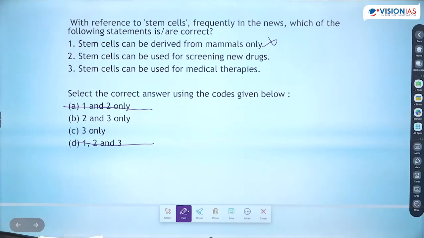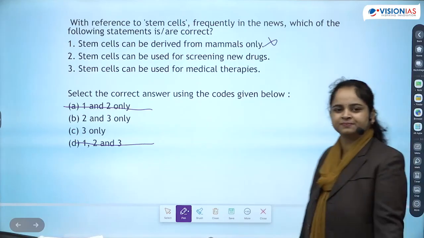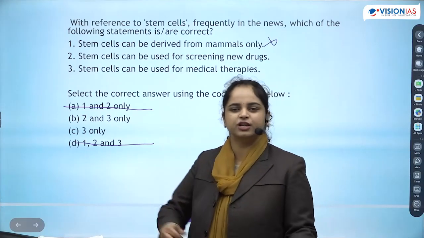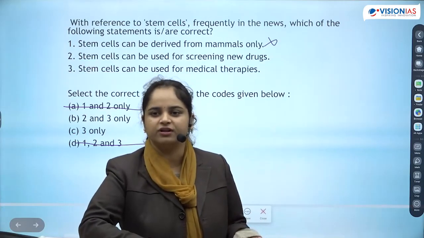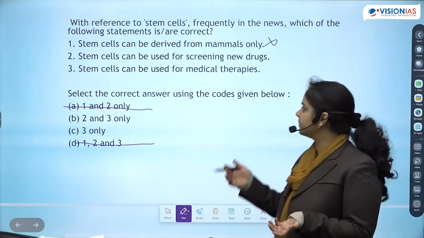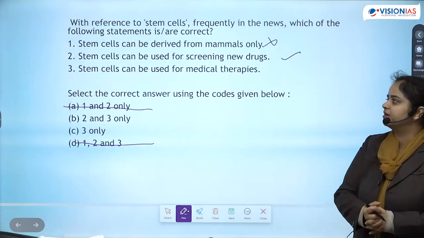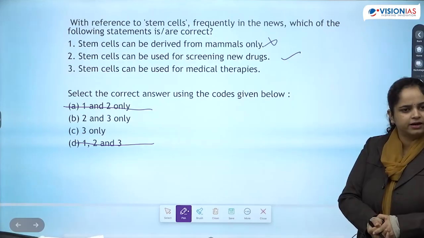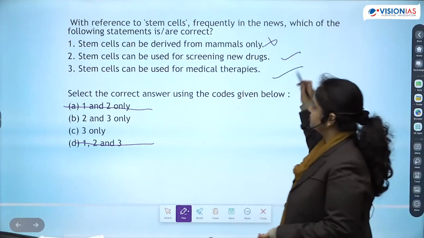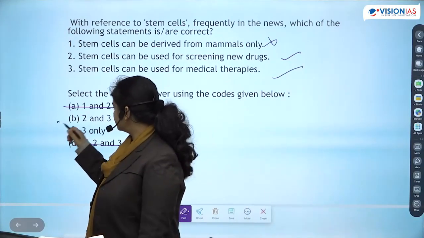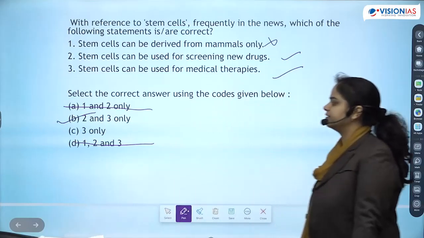Okay. Stem cells can be used for screening new drugs. Yes. What do you mean by screening new drugs? Testing. Testing the new medicines. Okay. Before they are released, once you test them, that is screening new drugs. And stem cells can be used for medical therapies, right? Different kinds of treatments. So, yes. The answer will be B, 2 and 3 only.